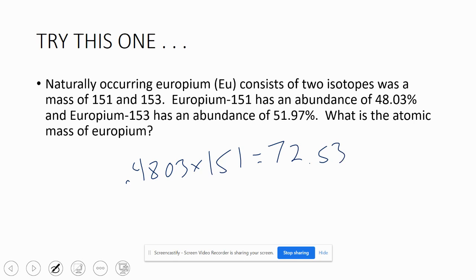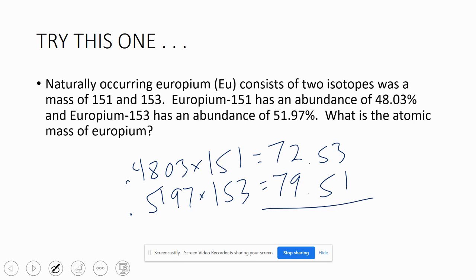And then we'll do the second one, 0.5197. Notice I'm converting these percentages to decimals by simply moving my decimal over 2 places. And we go ahead and do that. 0.5197 times 153, and we get 79.51.